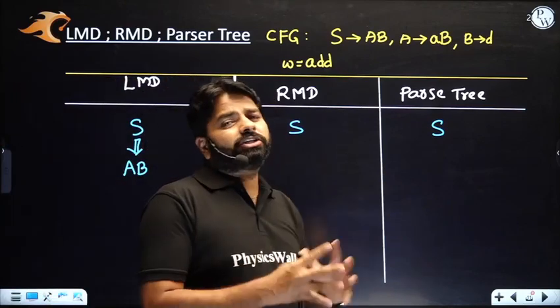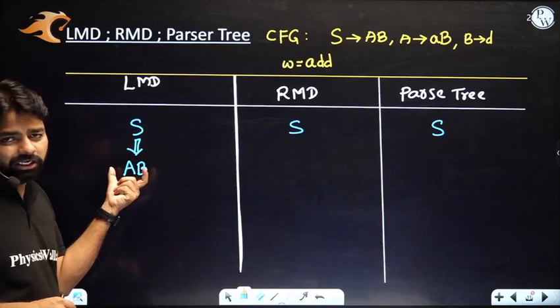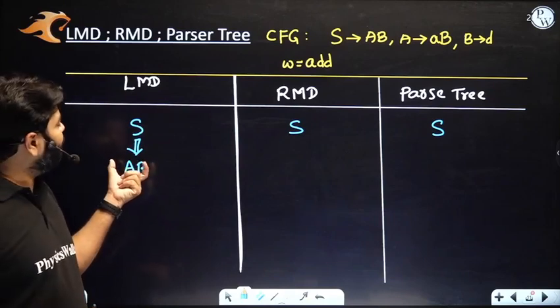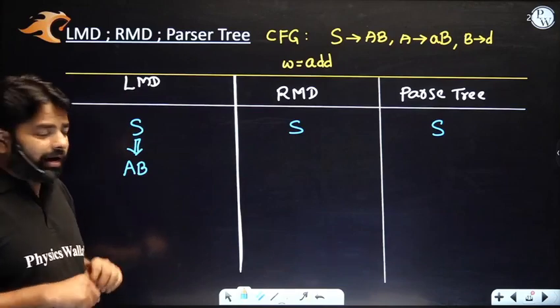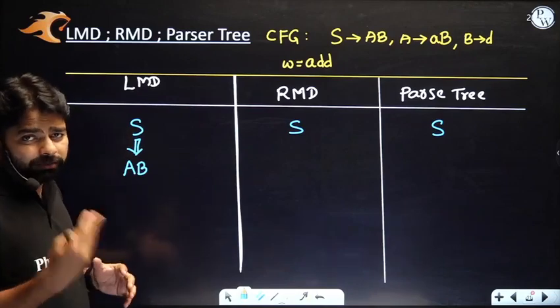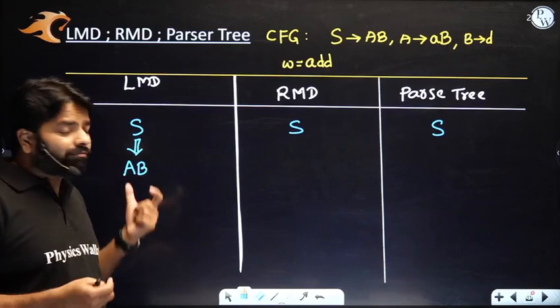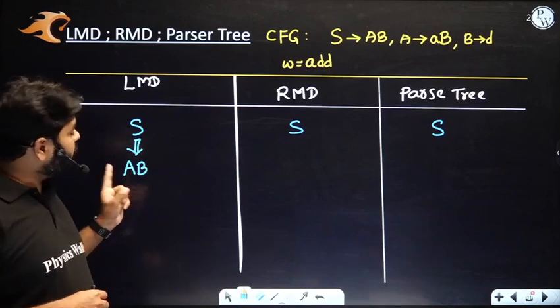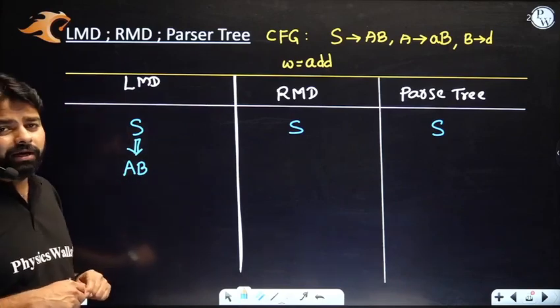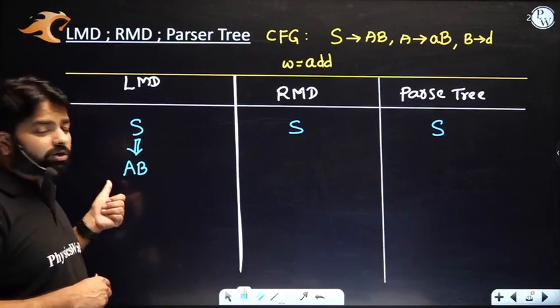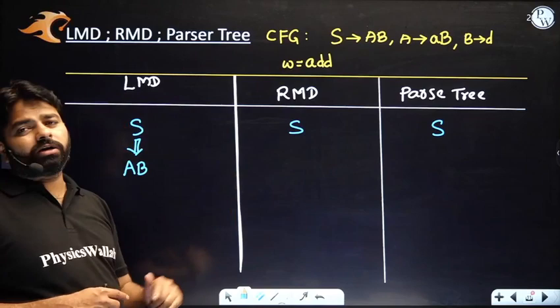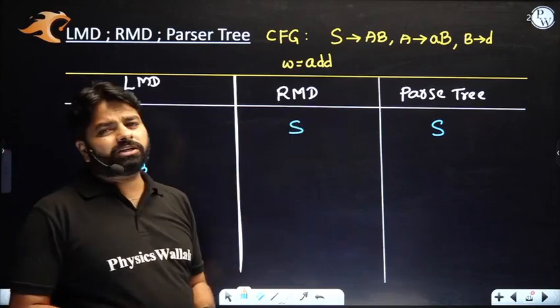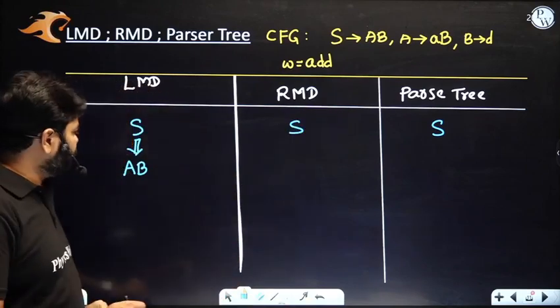AB is a sentential form derived from the start symbol. Ignore the terminals because you can't substitute them further. If you have more non-terminals, which one to substitute first? If you are following LMD, the leftmost non-terminal is substituted. If RMD, the rightmost non-terminal. If parse tree, you will draw a graph, which we will see soon.